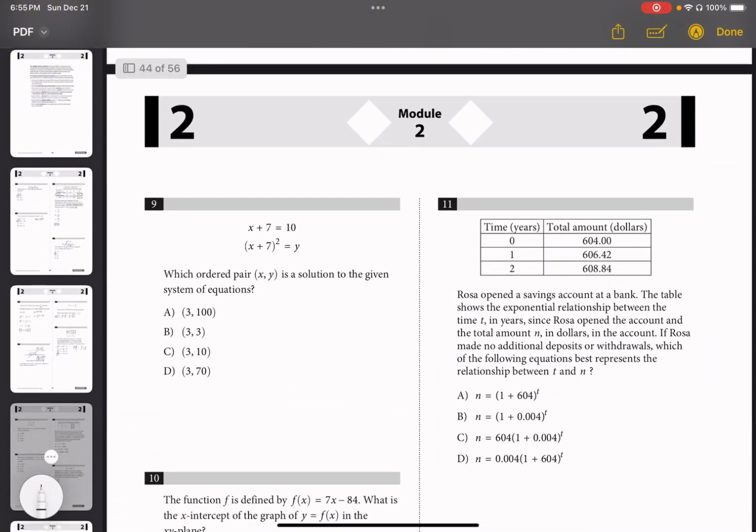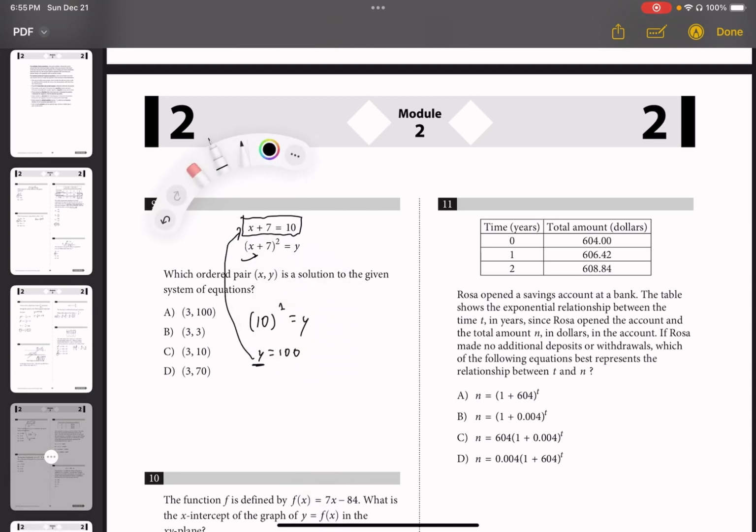Question 9, which ordered pair x, y is a solution to the given system of equations? Okay, so if we're looking for both x and y, what we can do here is substitution, because x plus 7 is equal to 10. We substitute that into here, and we get 10 squared is equal to y, so y is equal to 100. Now we substitute y back into the first equation. Sorry, not the first equation, the second equation.